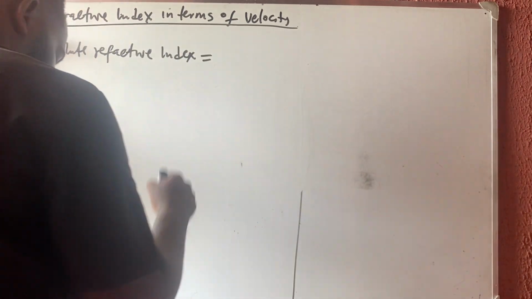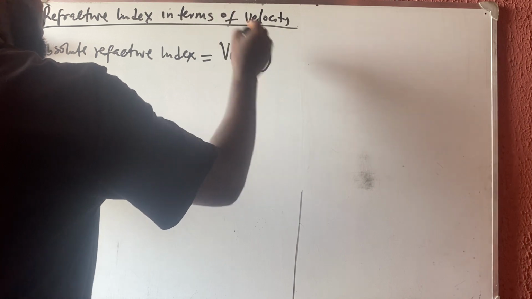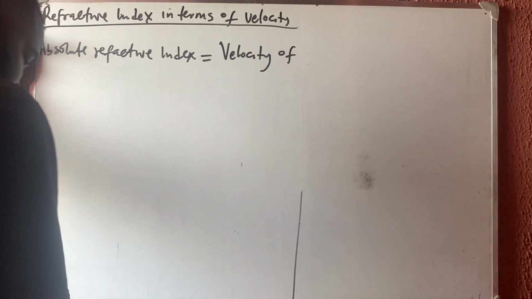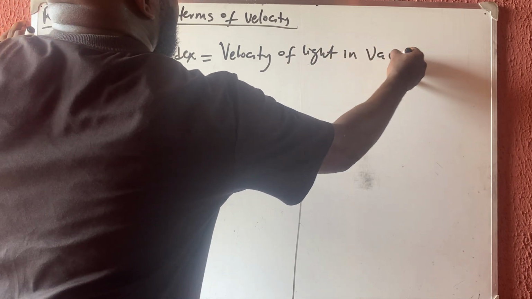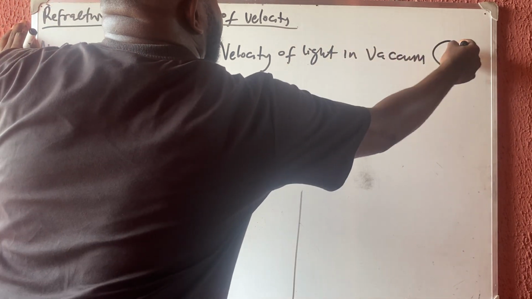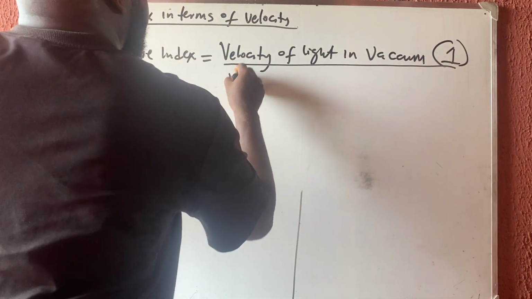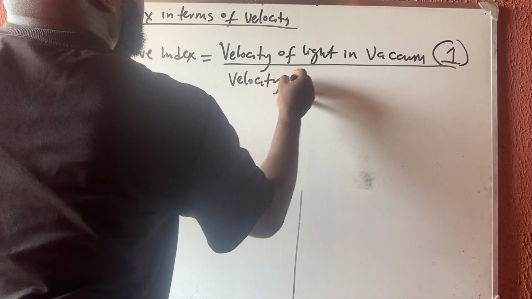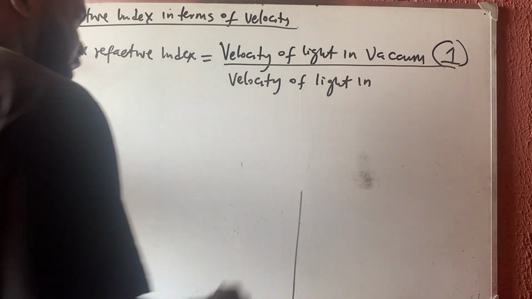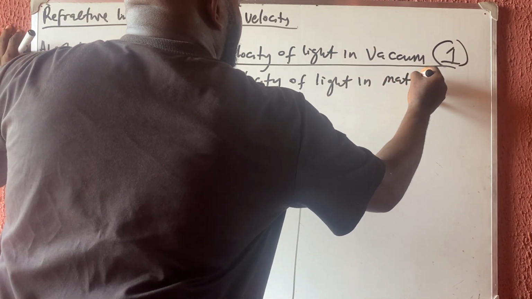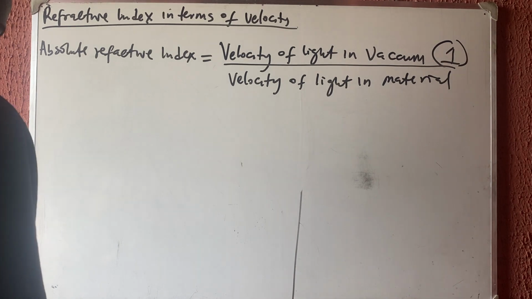It is the velocity of light in a vacuum, and the velocity of light in a vacuum is always 1, divided by the velocity of light in a material or in a medium, any material at all. So please note this, very very important.